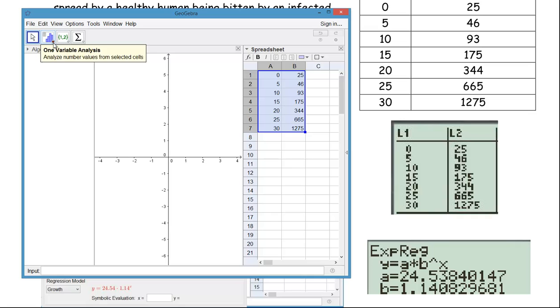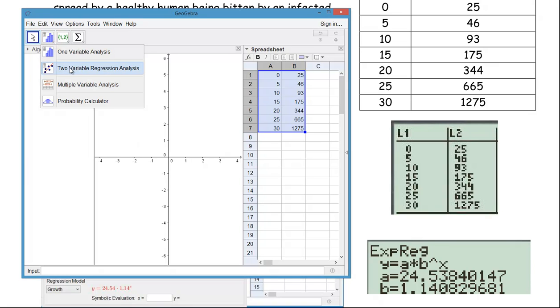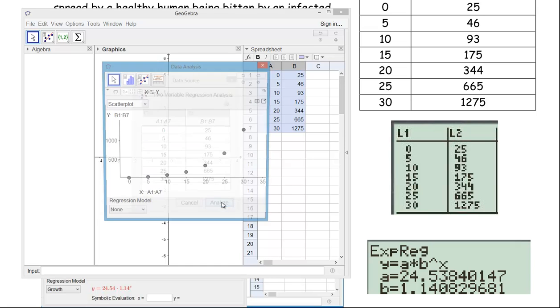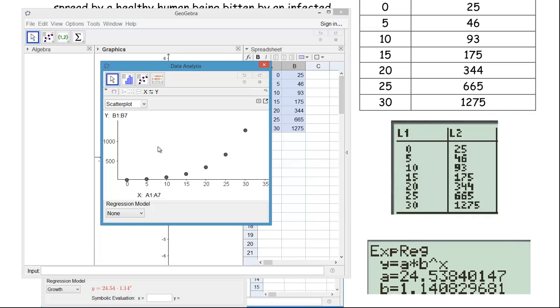So if you go in here and you want two variable regression analysis, because we have two variables, we're relating the number of infected people to time. Just click on Analyze here, and then you have to pick which regression model it is. Growth is the one that you want.